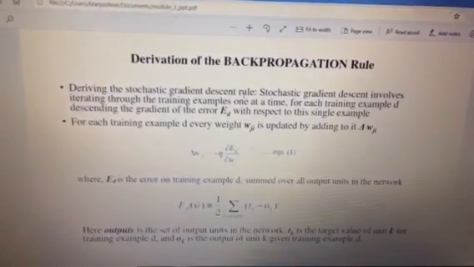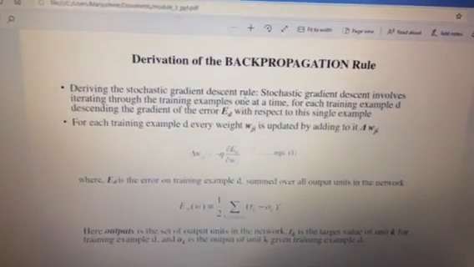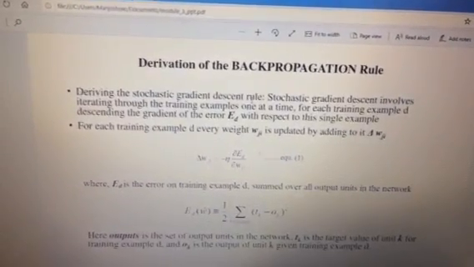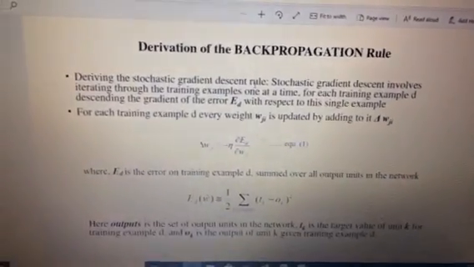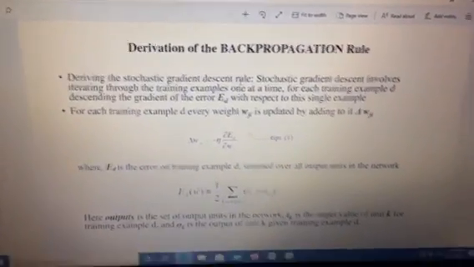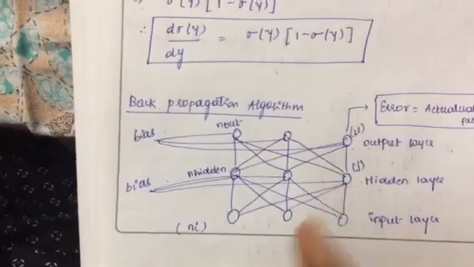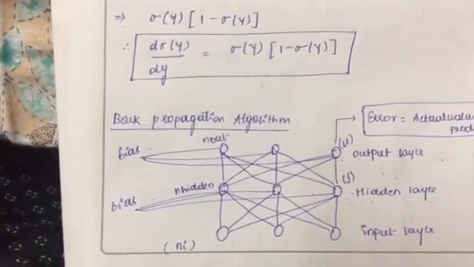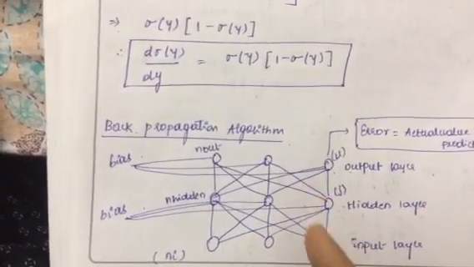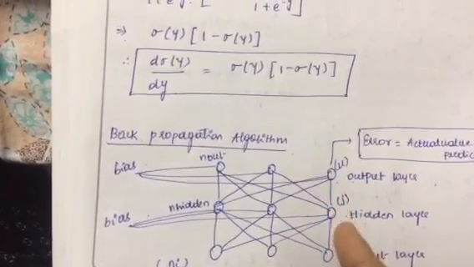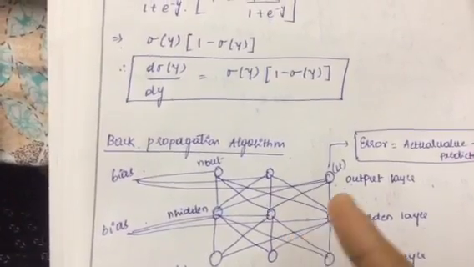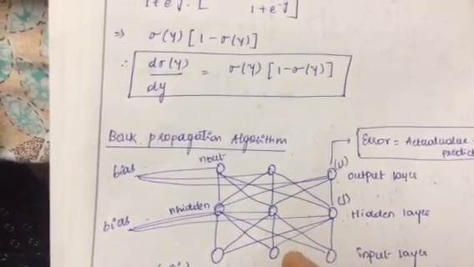So in order to find out the delta Wi value, we know that the notation of delta W is nothing but delta Wji, because here we have considered a multi-layer neural network with one hidden layer. So if I consider this example of the backpropagation algorithm that I have chosen, if you are moving from i to j, that is from the input layer to a hidden layer, the input is denoted by xji, whereas the weight is denoted by wji.